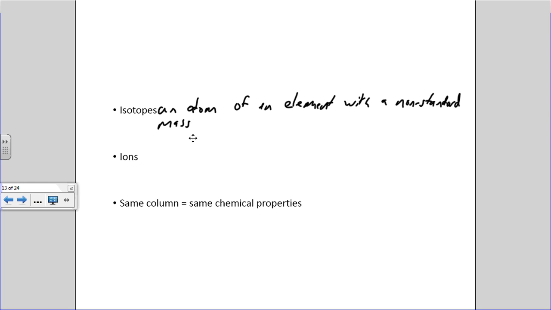What that basically means is it's an atom of a particular element that has a different mass than what you would normally expect. So the example that we used yesterday was oxygen. Oxygen usually has a mass of 16. However, if you look at the atomic mass on the periodic table, you'll see that the atomic mass is given as 15.999. That's because almost all oxygen atoms have a mass of 16.